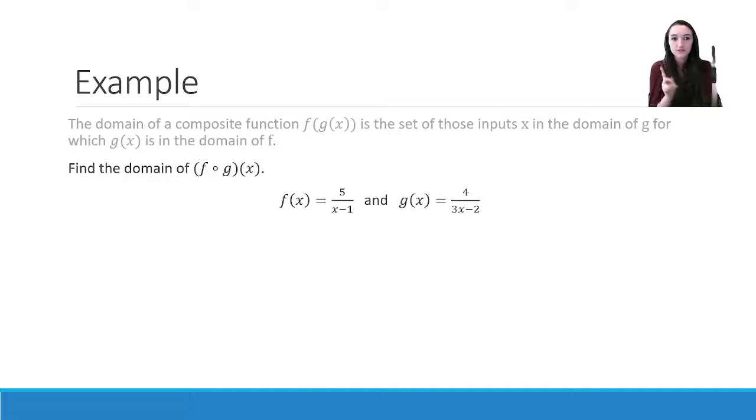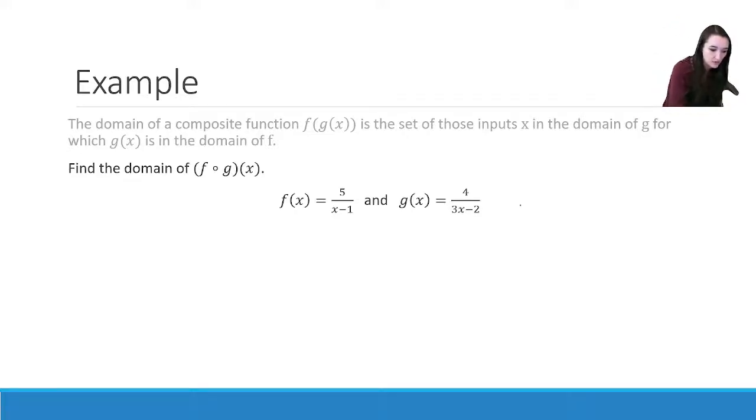So if I want to find the domain of f of g of x, when f of x is 5 over x minus 1, and g of x is 4 over 3x minus 2, what can I do? Well, the domain of g, I know, is going to be anything that causes 3x minus 2 to be 0.